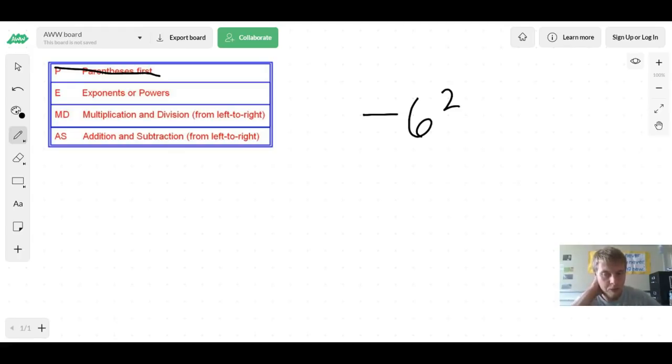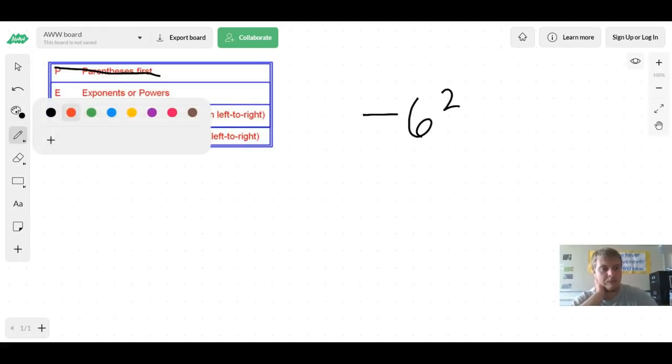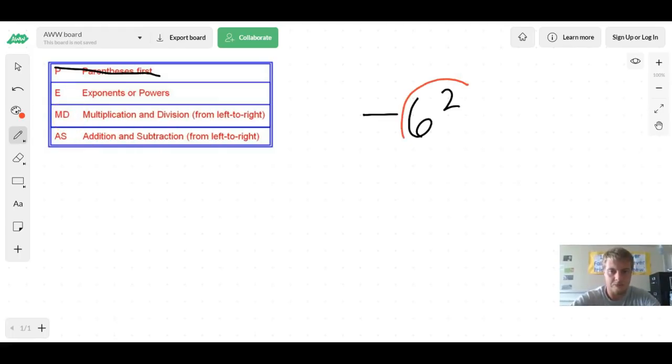It looks like our exponent is -6, but that is not true. Your exponent is attached to the number right next to it. So our exponent is actually 6. And this negative sign is not in the exponent. It's just sitting there. So the answer to this would be 36, because 6 times 6 is 36. And since we haven't done anything with the negative, we would keep the negative there.